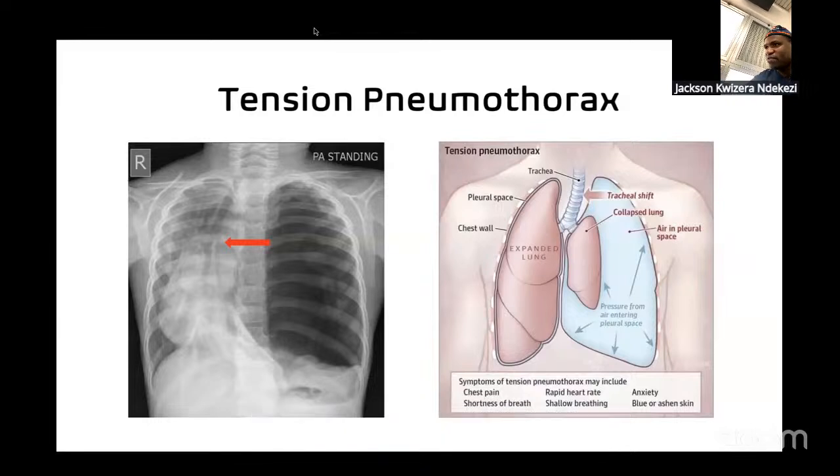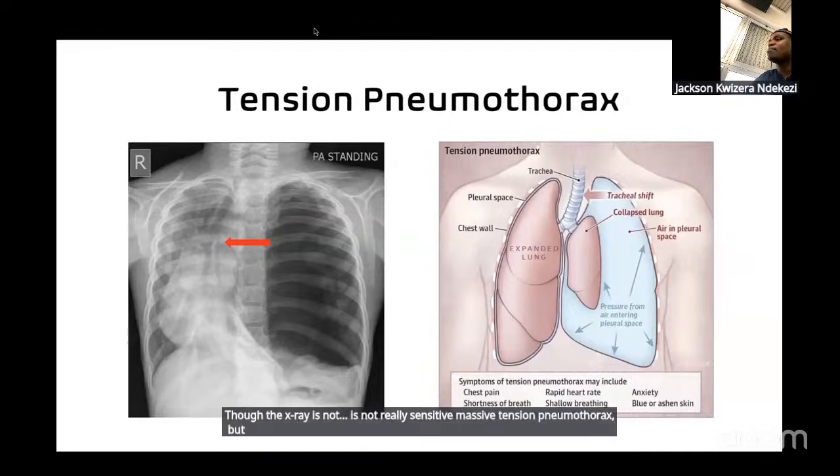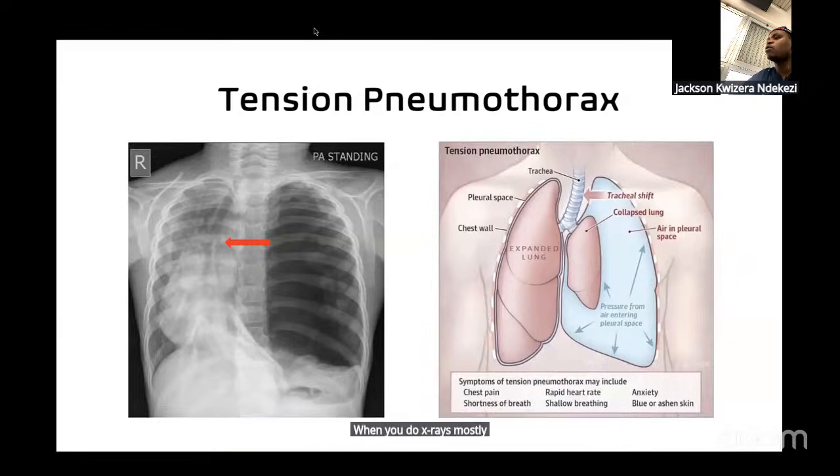Though the X-ray is not really sensitive for massive tension pneumothorax, you can get micro pneumothoraces when you do X-rays, mostly in critical care or critically ill patients in the ICU. But in acute phases, the tension pneumothorax is quite a clinical diagnosis.